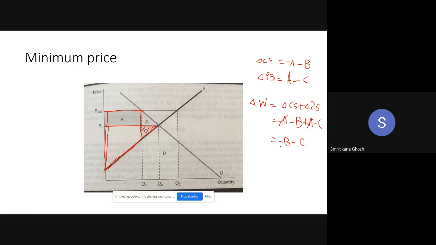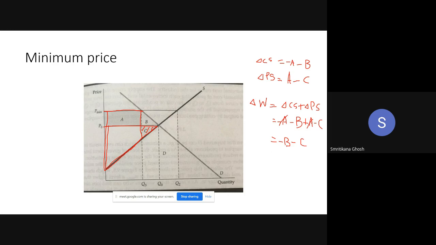Similarly, as demand is falling, producers have to sell less than before. That is why C is coming from the producer's pocket. Okay, so ultimately, as you are not allowing the price mechanism to work freely, as the government is intervening through this instrument, there will be a net social welfare loss.